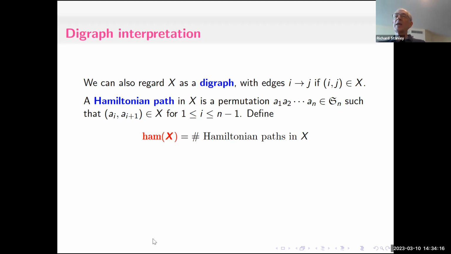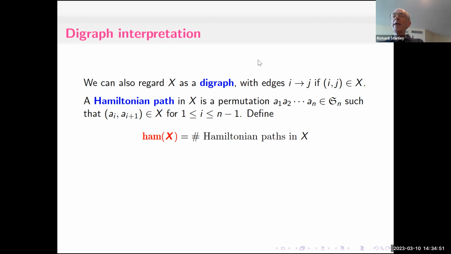So let's think of X as a digraph with a directed edge from I to J if IJ is an X. And I want to look at the connections between X descents and Hamiltonian paths in X. Well, we can think of a Hamiltonian path in X as just a permutation in Sn. The vertices of my digraph are 1 up to n.